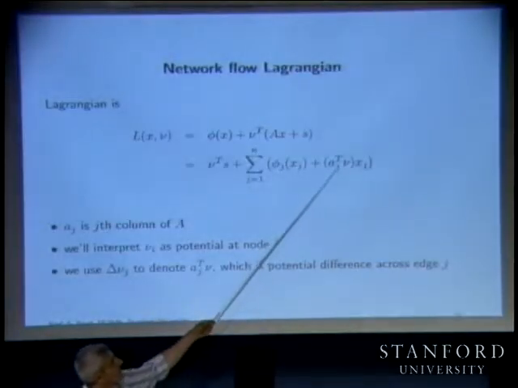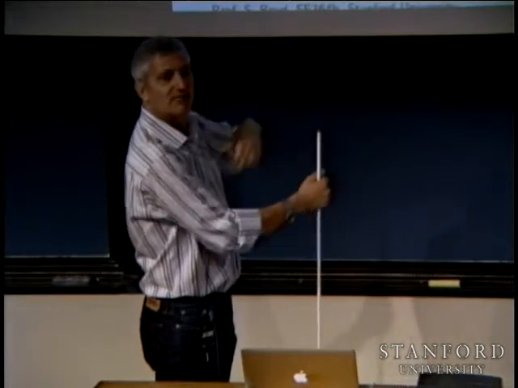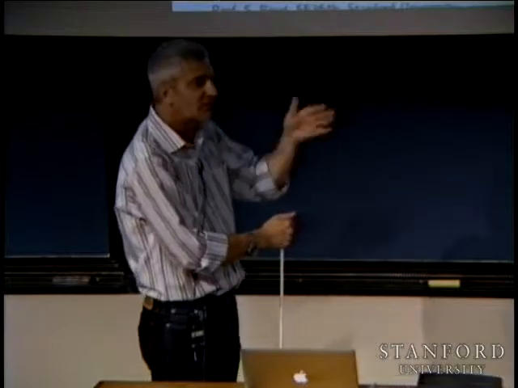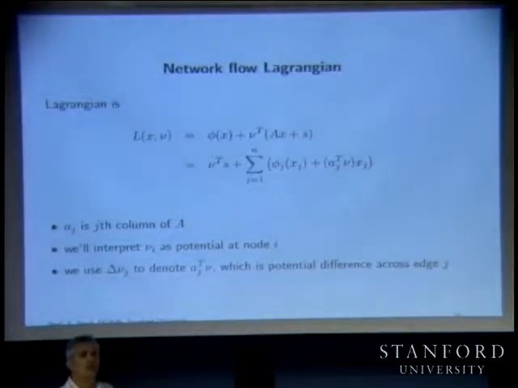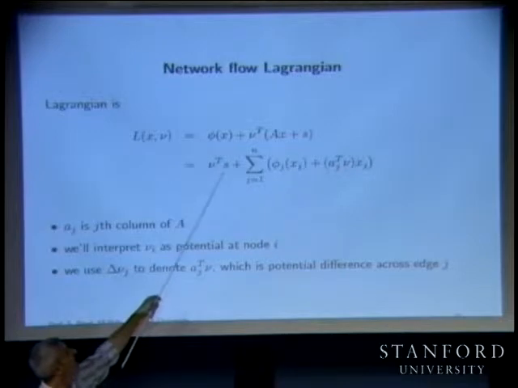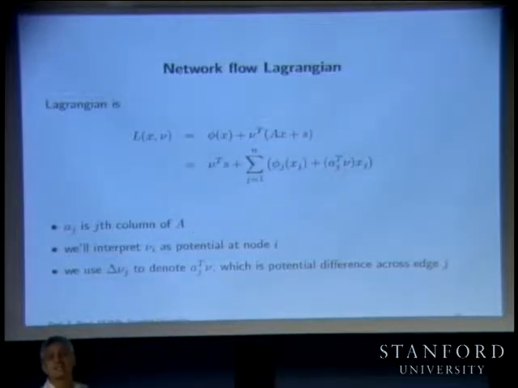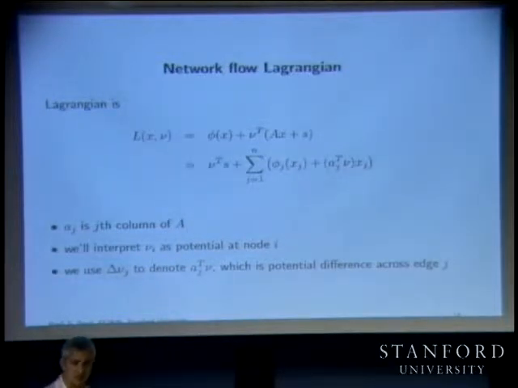Each of those vectors has a 1 and a minus 1. If I add 27 to every entry of nu, it has no effect because this is calculating potential differences across an edge. Here the reason it doesn't matter is because 1 transpose s is 0. The sum of the s's is 0.